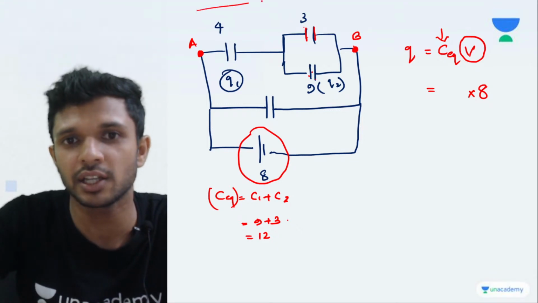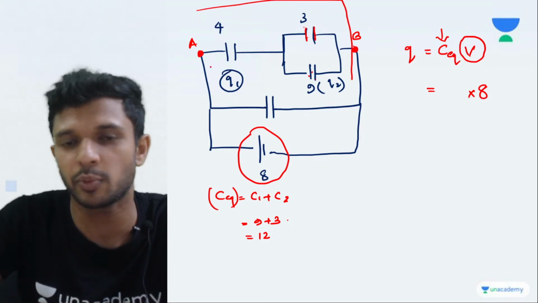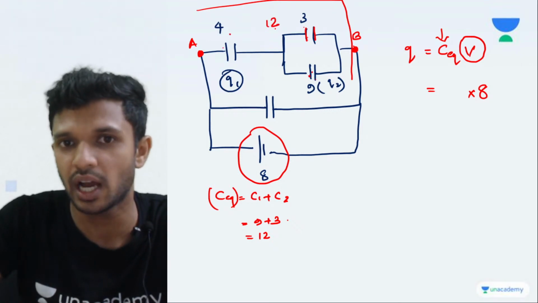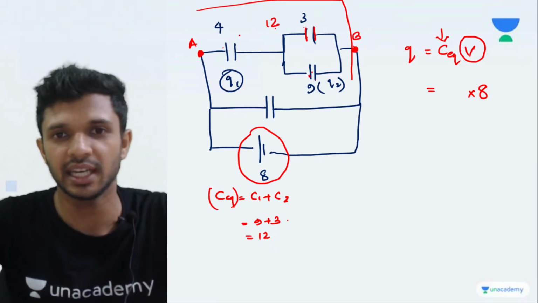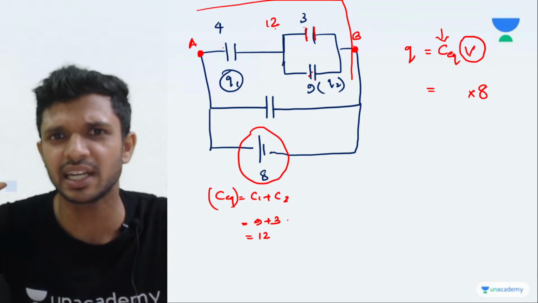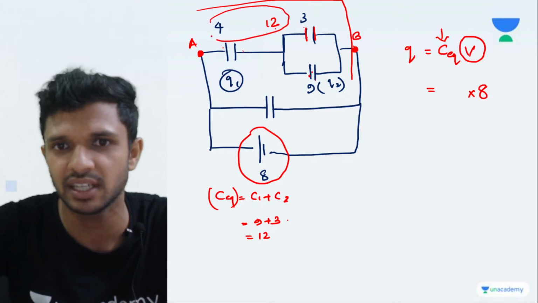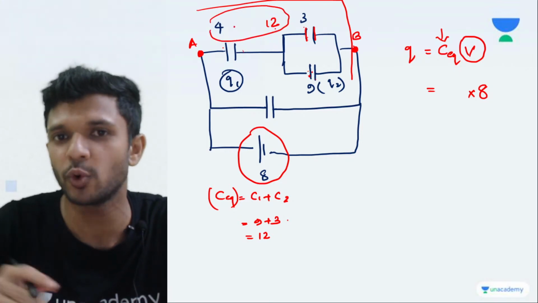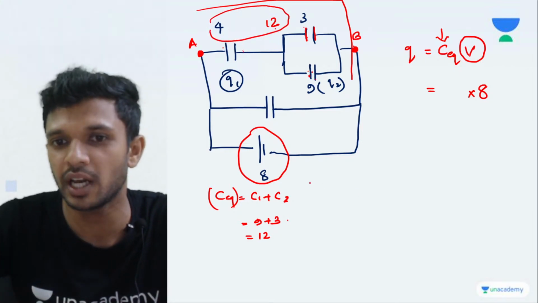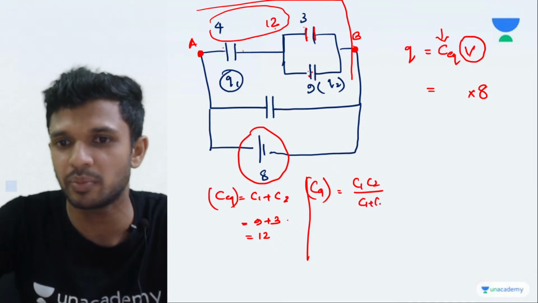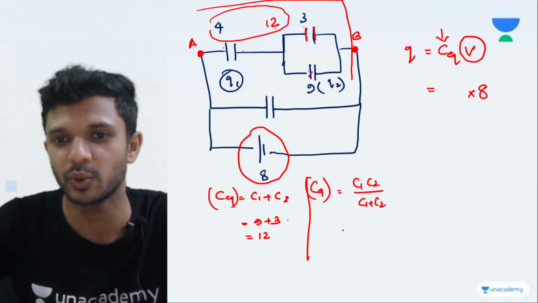Now how to find out the total capacitance across the points A and B? This is having 12 and this is in 4. How 12 and 4 are connected? देख ले अच्छे से, series में connected है. Can you see this 12 and 4? 12 is the equivalent of 3 and 9, and 4 are connected in series. Formula, their C equivalent is equal to how much? C1 into C2 by C1 plus C2. I'm writing the basic equations.